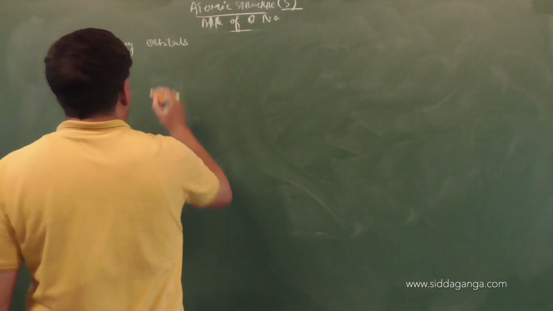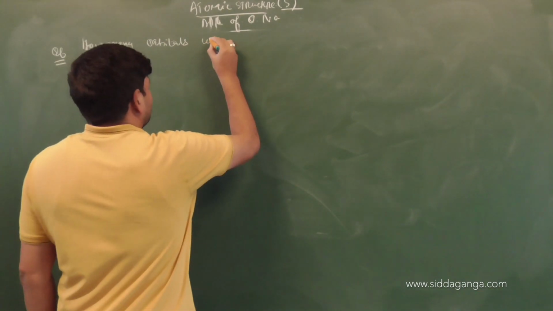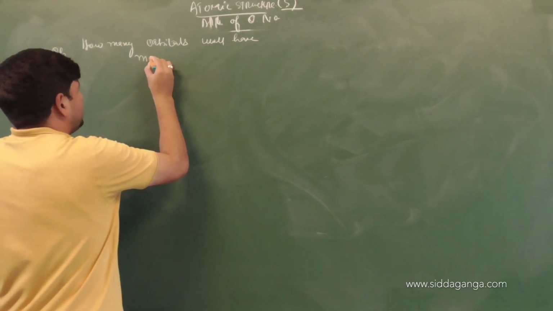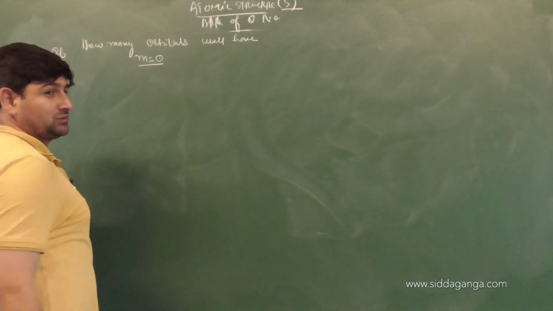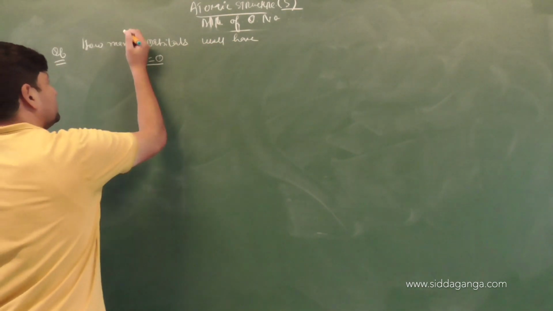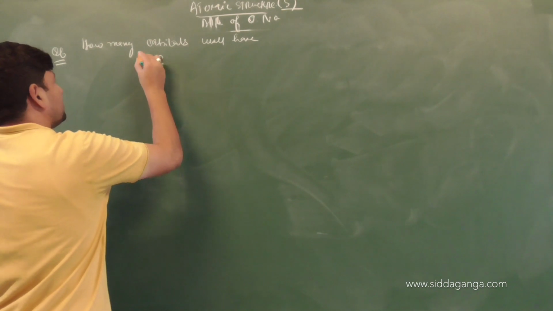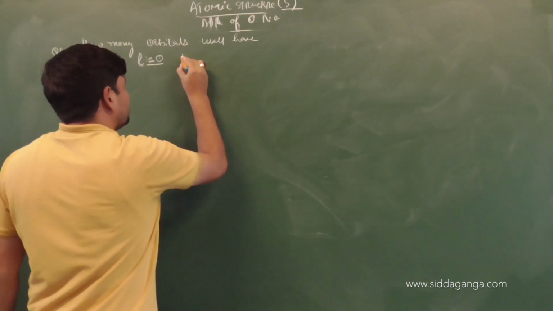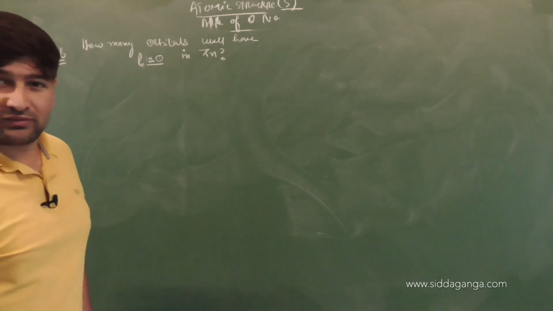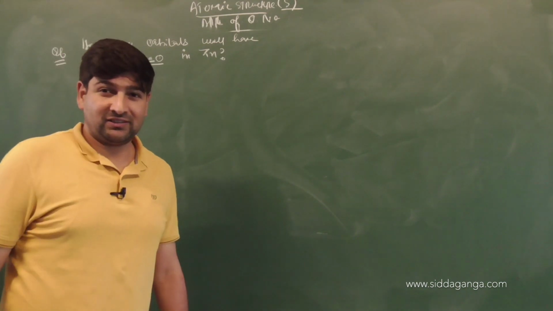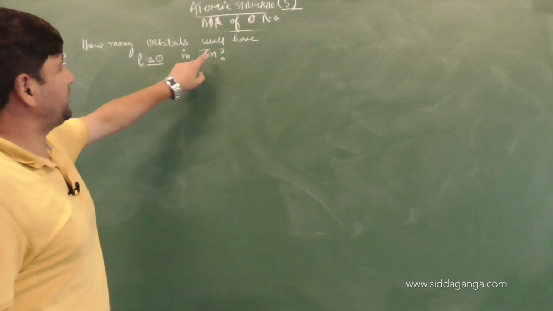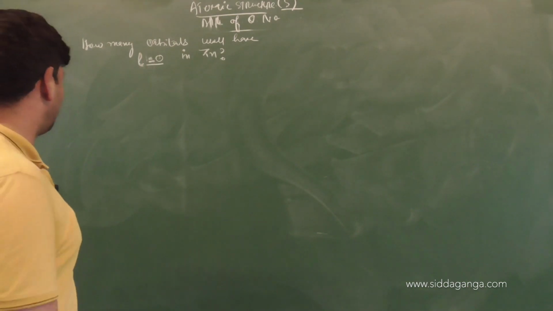Okay. How many orbitals will have m value equal to 0? How many orbitals will have L value equal to 0 in zinc? Clear? How many orbitals will have L value equal to 0 in zinc? Is it clear?